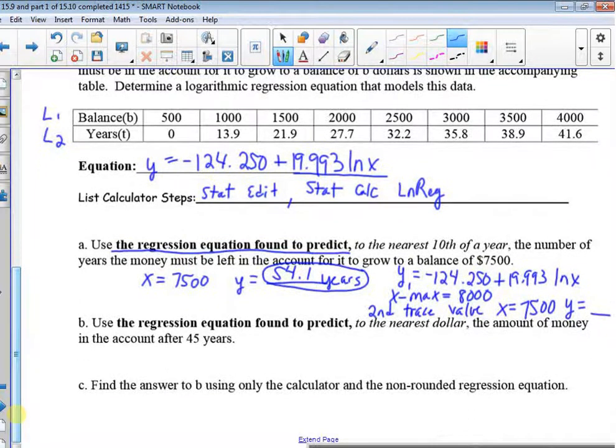Now on part B, again using the regression equation found, predict to the nearest dollar the amount of money in the account after 45 years. So now I am looking for the x, and I know the y is 45 years.